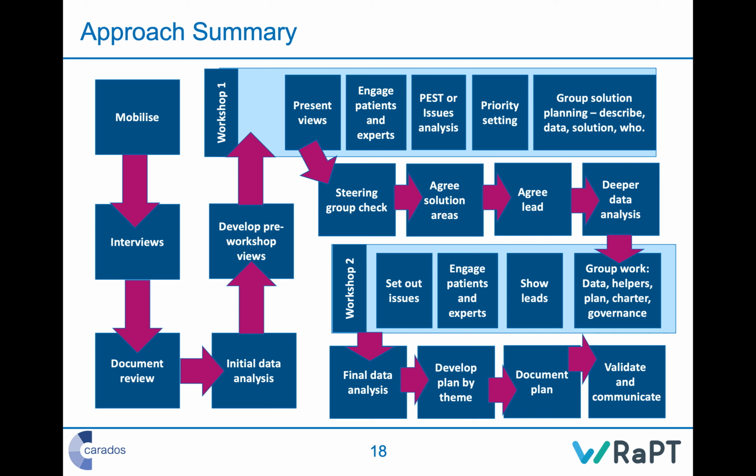Let's think about what data is needed. Let's think about what the solution might be. Let's think about who would be best to be involved in that, but not come to a decision on that. So we can say, through that workshop, right, well, we've identified that our priorities are cancer, our priorities are making this place a great place to live, to work, sorry. We're going to focus on staff recruitment or whatever.